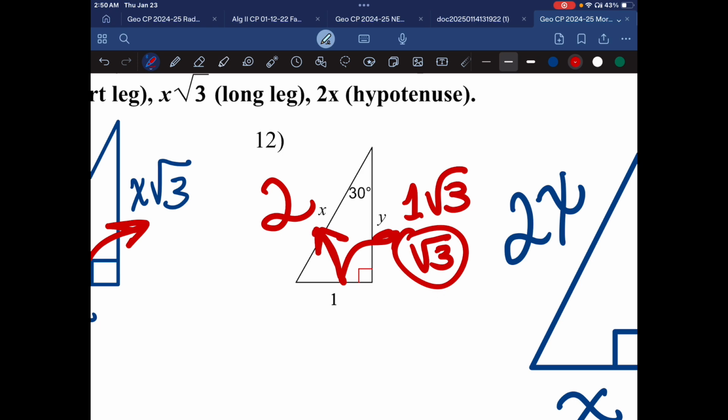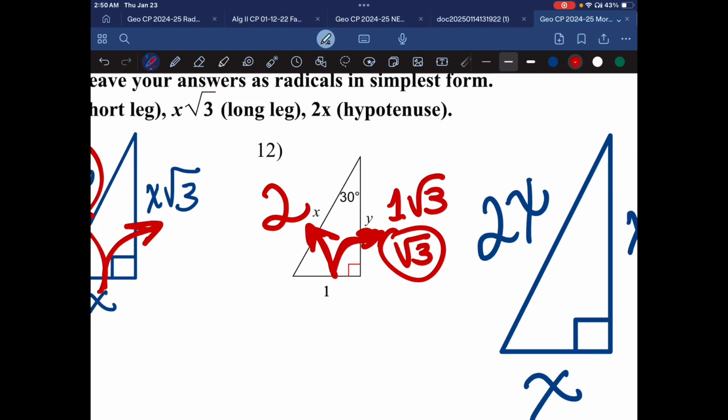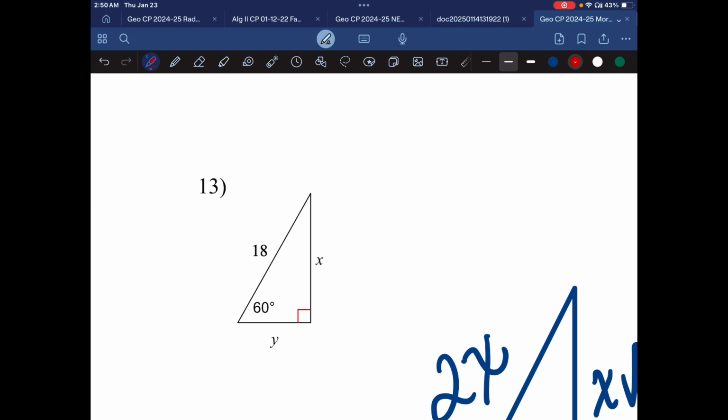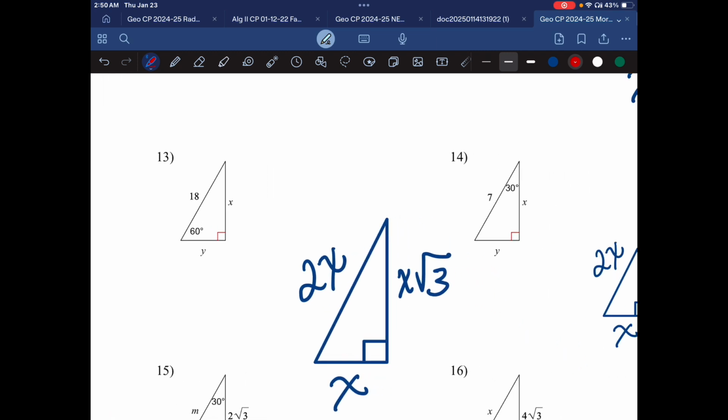Okay, little times 2, little square root of 3. Here we go. Ready? So here's the pattern. Looking at it again, if I want to go from here to here, then I need to divide. So 18 divided by 2 is 9, and now 9 radical 3 is the long leg.